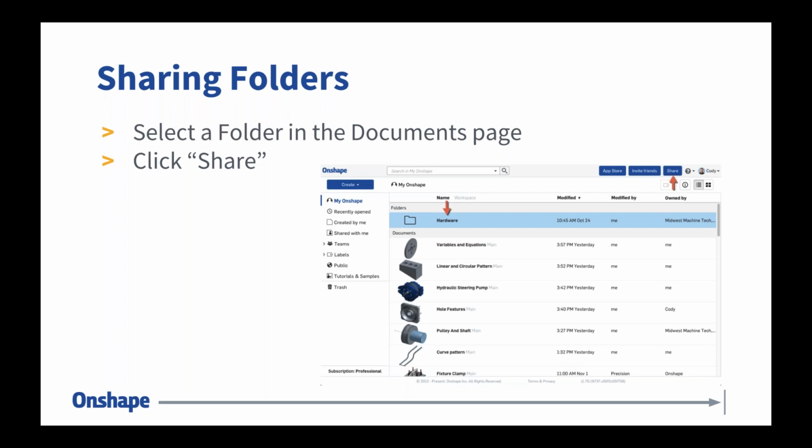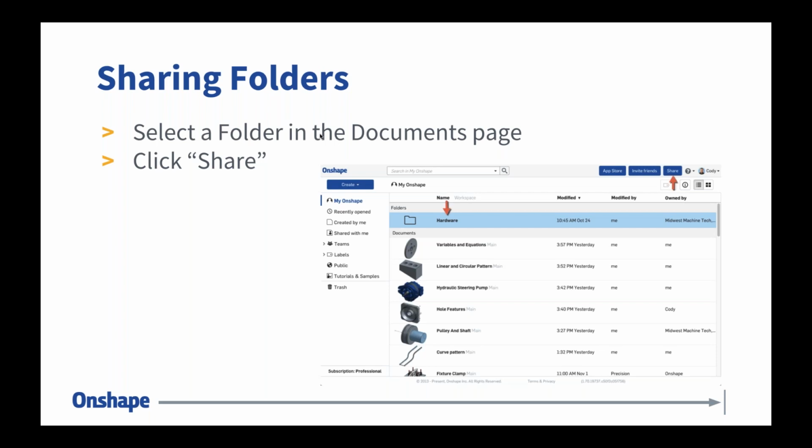Folders have share permissions associated with them. They can be shared across teams with those same permissions. So they're unlike labels in that sense. Labels are specific to me. If I share a document with the label, the person I've shared with doesn't see that label. I hope that makes it clear. All right, so let's move on.